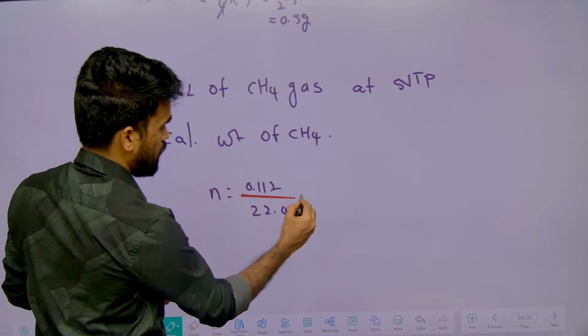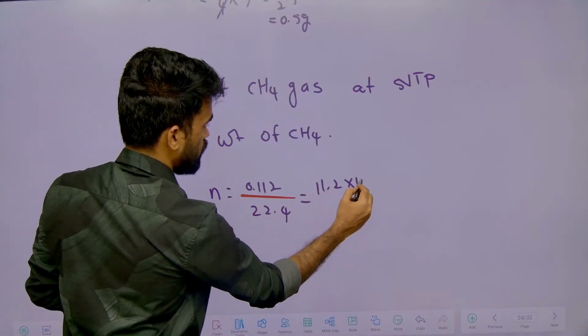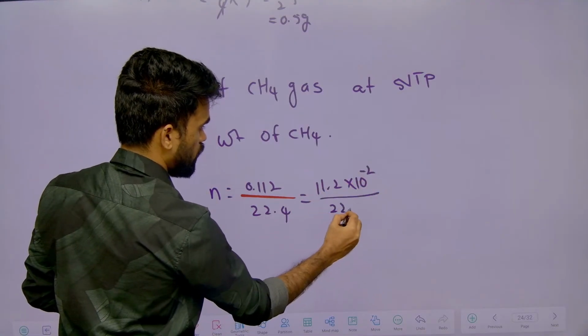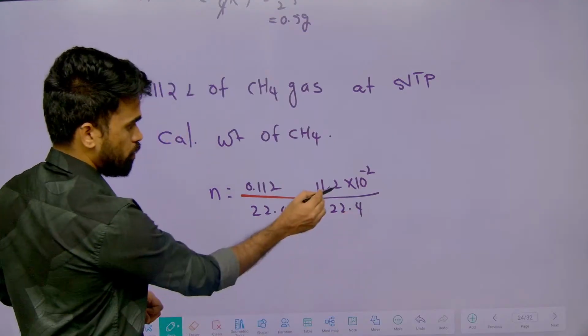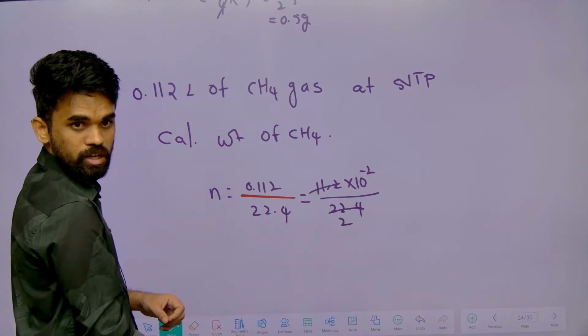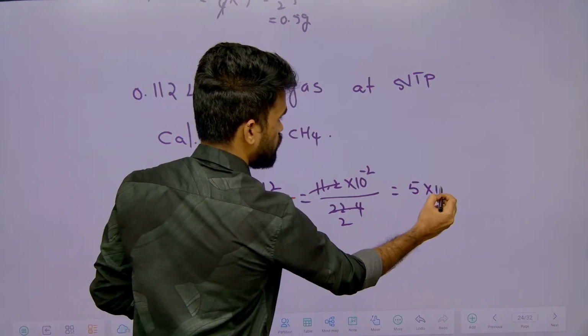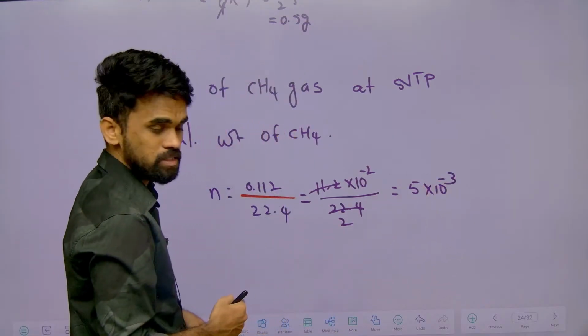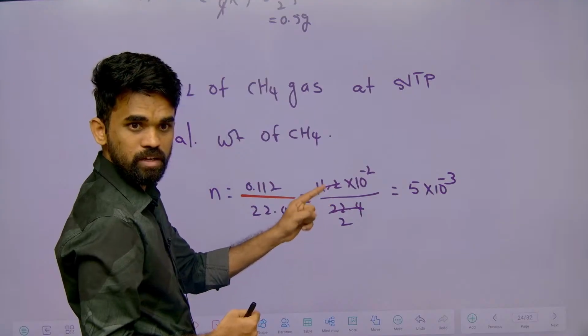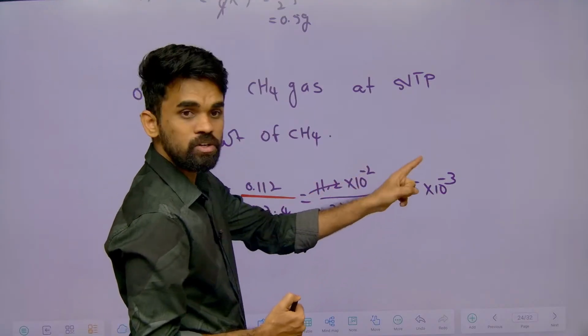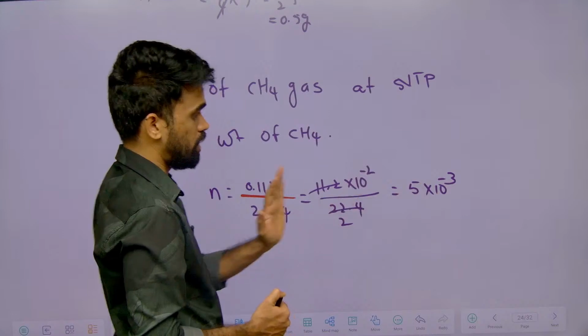So this one I can write 11.2 into 10 power minus 2 by 22.4. Okay, how many times? 2 times. So this is 5 into 10 power minus 3 I can write. Why am I writing like this? Half means 0.5 into 10 power minus 2. So 5 into 10 power minus 3. Okay, done up to here everyone.